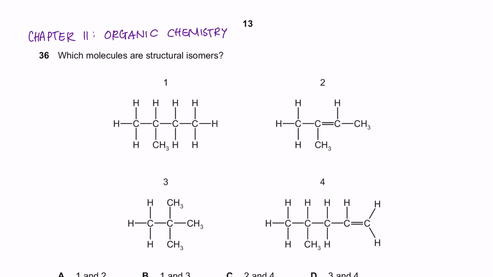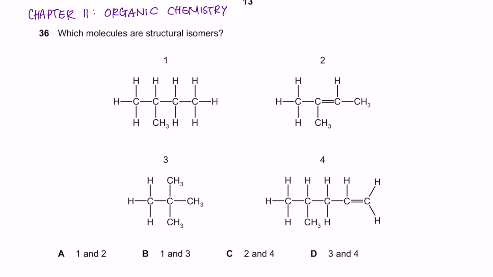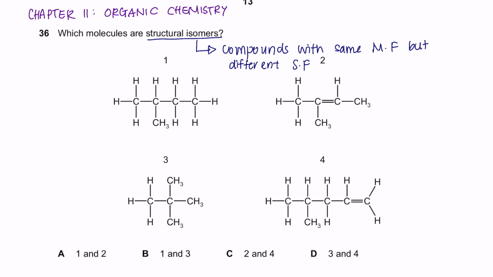Next, question 36 onwards is from chapter 11. Which molecules are structural isomers? Isomers are compounds with the same molecular formula but different structural formula. Let's see. The first one has 1, 2, 3, 4, 5 carbon. Since it's all single bond, this must be a 5 carbon alkane, which is a pentane. Next, you've got 1, 2, 3, 4, 5 carbon but double bond.